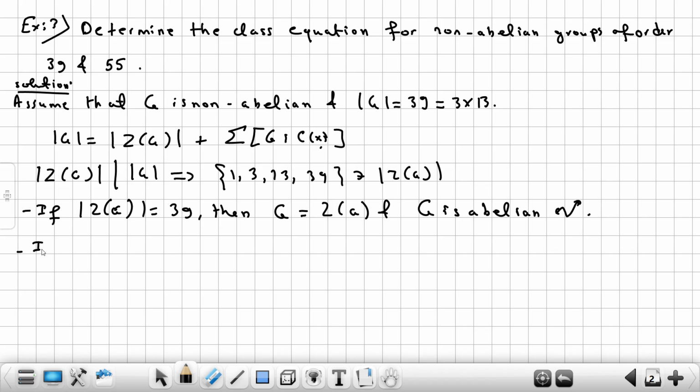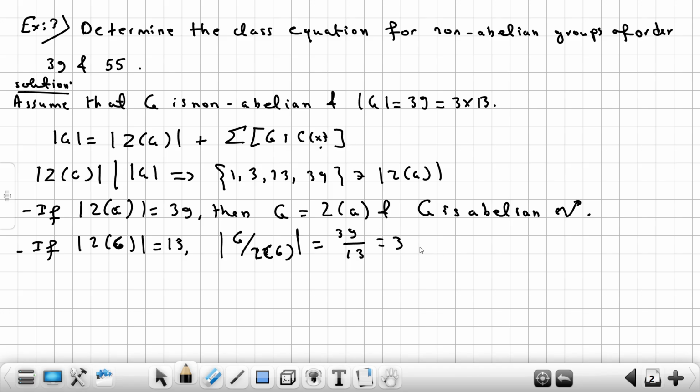If the order of Z(G) is equal to 13, we know that Z(G) is normal in G, so we can quotient G by Z(G), and the factor group G/Z(G) has order 39 over 13, which is equal to 3.